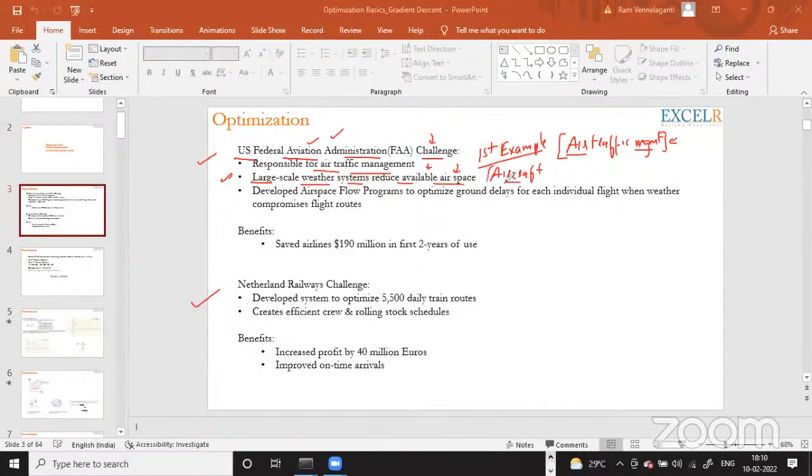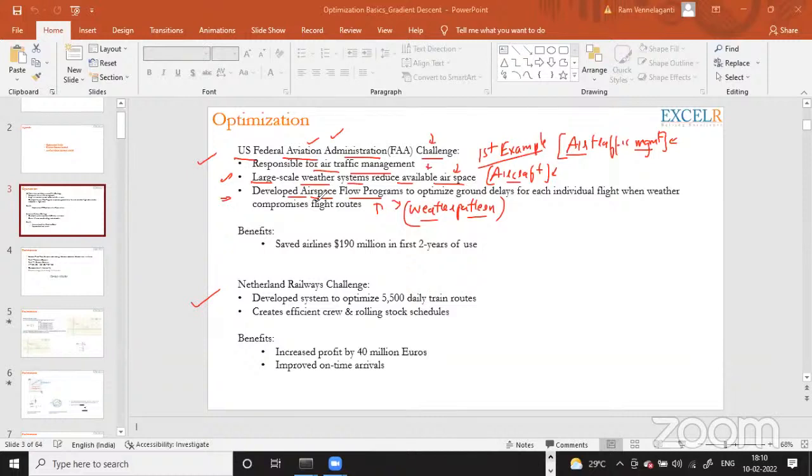So we have to understand the weather patterns. That is the problem we have to work with. So we have to develop airspace flow programs which can understand the weather patterns, which can understand the airflow, and which can help us study the weather patterns.